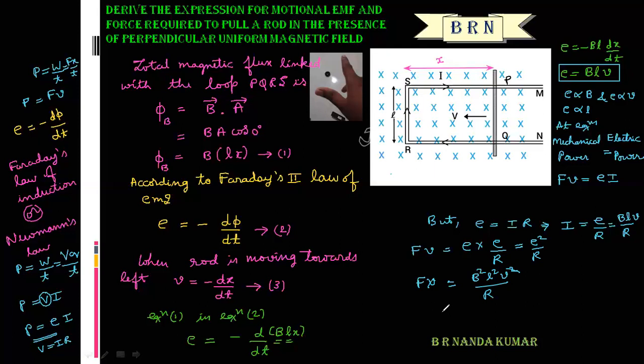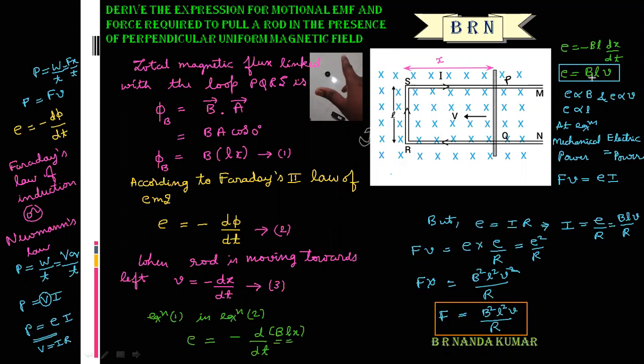So finally we get F is equal to B square L square V divided by R. This is the mathematical expression for the force required to pull a rod in the presence of a uniform perpendicular magnetic field.